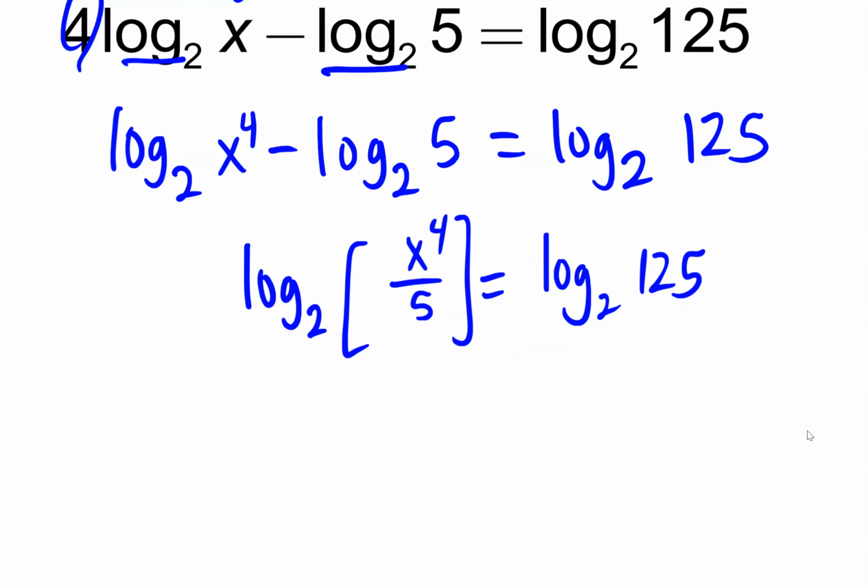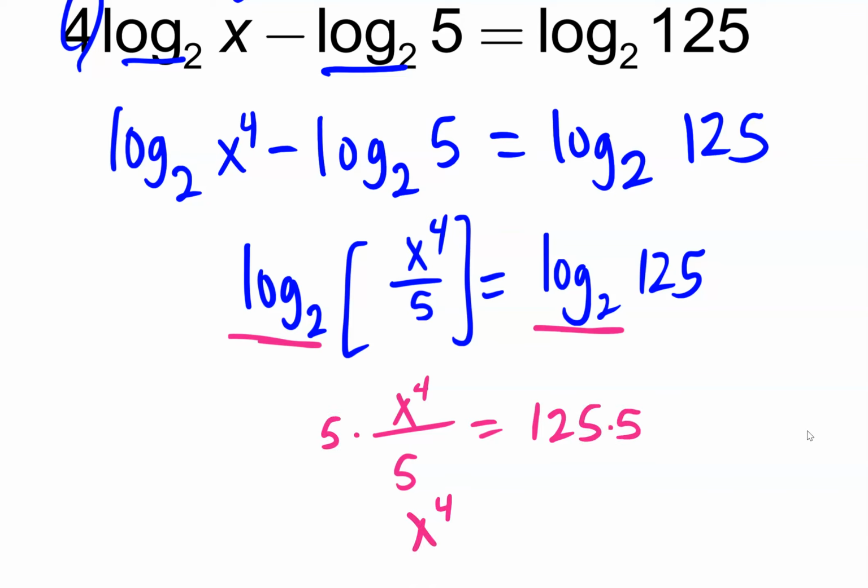And now that I have the same base on both sides, right? Log base 2, I can set the insides equal each other. x to the 4th over 5 is equal to 125. Multiply both sides by 5. You get x to the 4th is equal to 625.